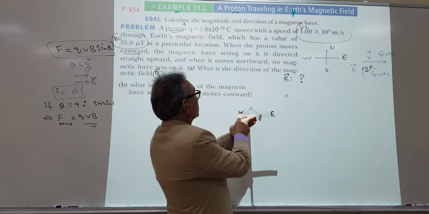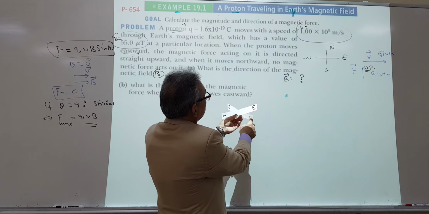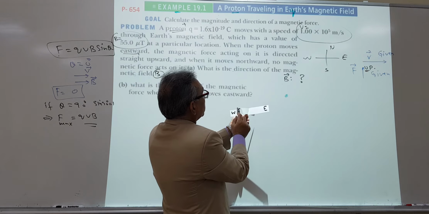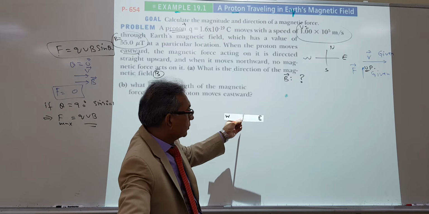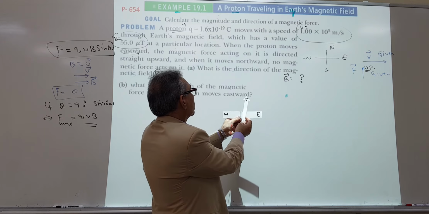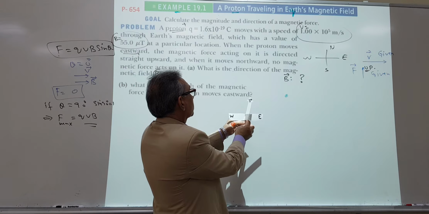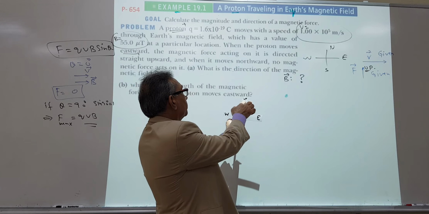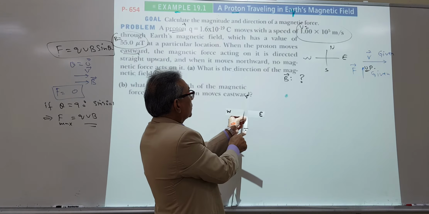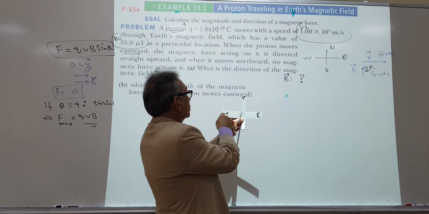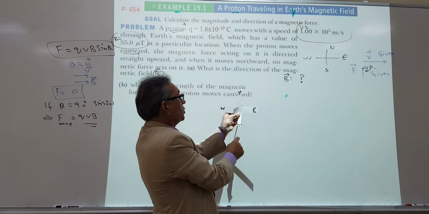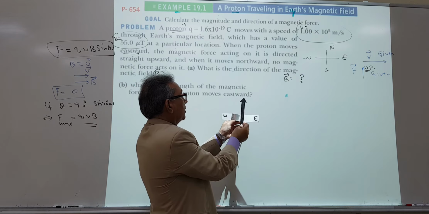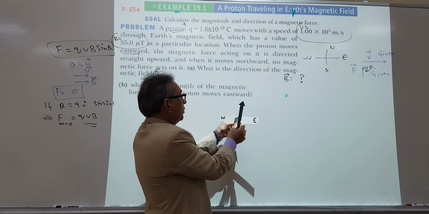This is west. This is north. And this is south. And this is up. And this is down. East, west, north, south, up and down. I think you better take the idea now.